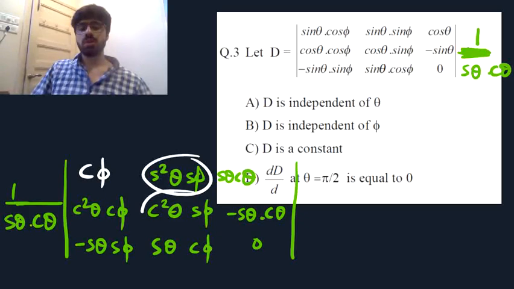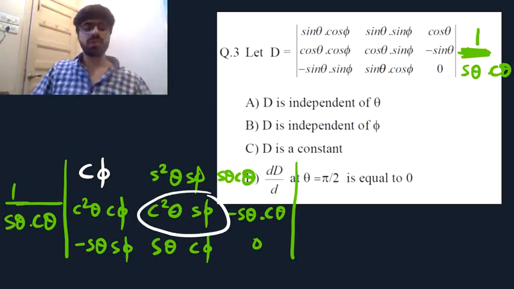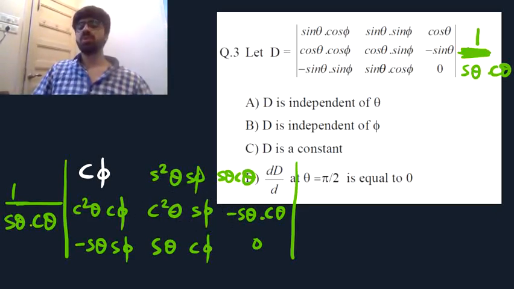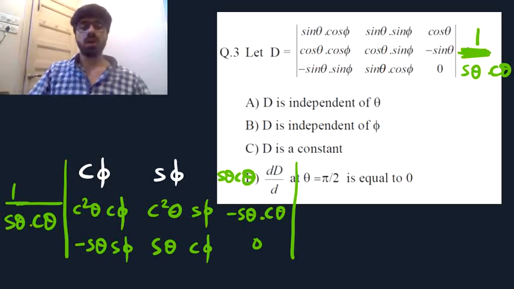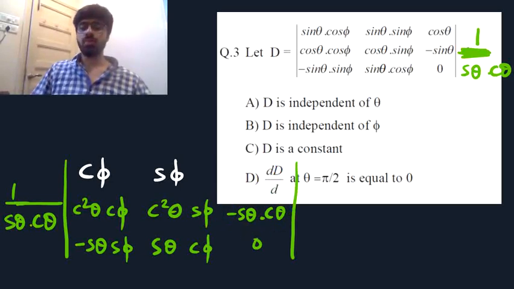Similarly, this plus this, that will be sine square theta sine phi plus cos square theta sine phi. Sine phi comes out common, so we will have sine square theta plus cos square theta into sine phi. That is 1 into sine phi, which is equal to sine phi only. And then finally sine theta cos theta plus minus sine theta cos theta will be equal to 0. So the term here is equal to 0.